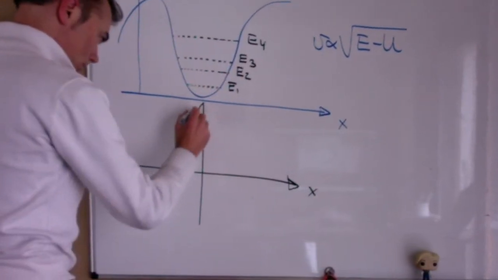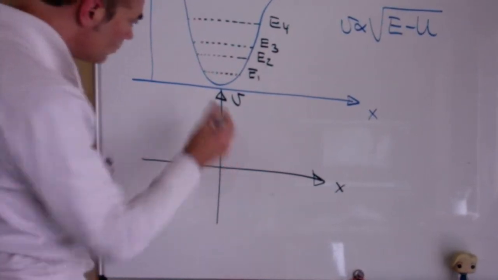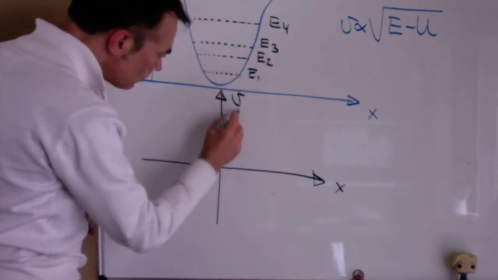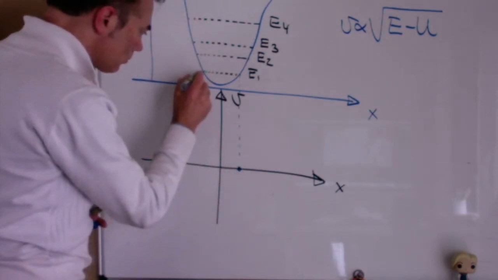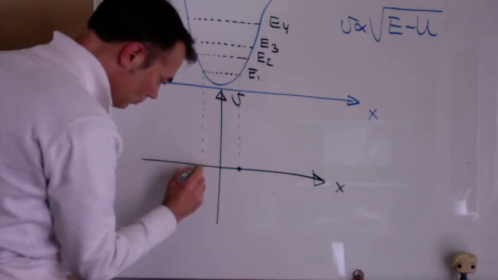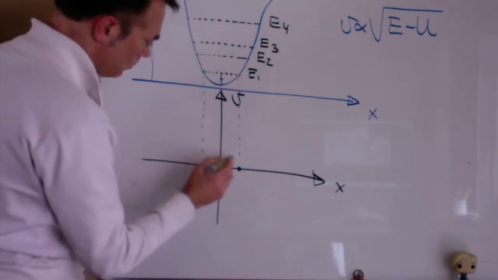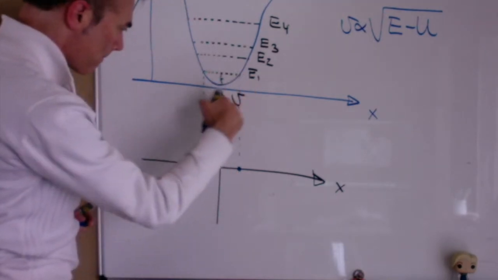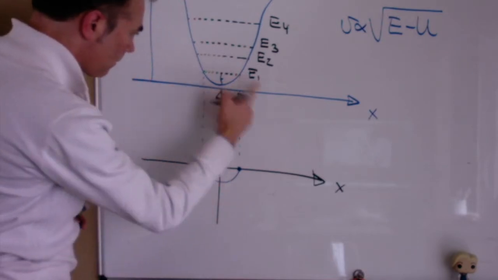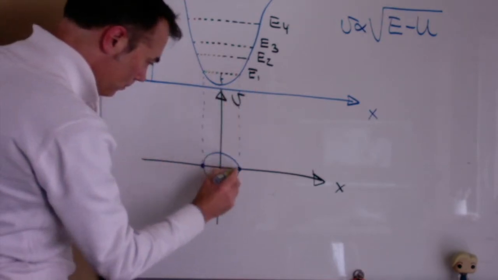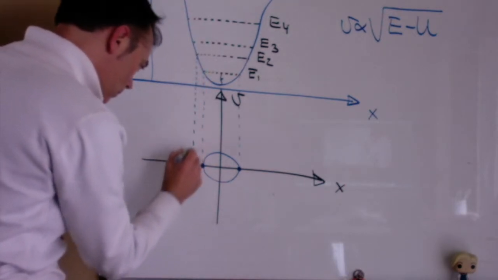Let me draw different horizontal lines corresponding to different total energies of the system. From them I can draw the trajectories in phase space for different energies. Under this potential, the particle will go from the right, where it has no velocity, to the left, where it has no velocity, passing by the center, where it has maximum velocity. The motion will be back and forth, so the velocity will be positive, but also negative.